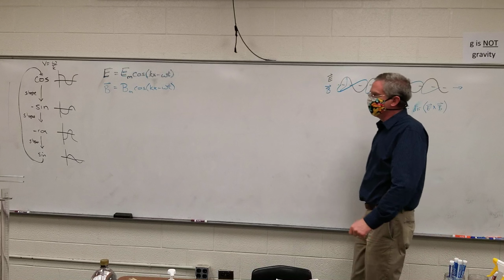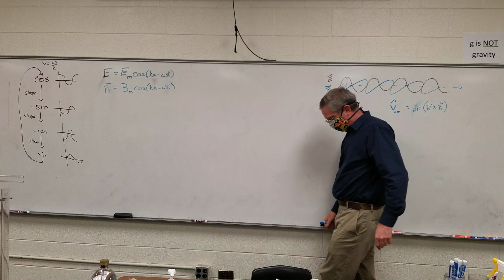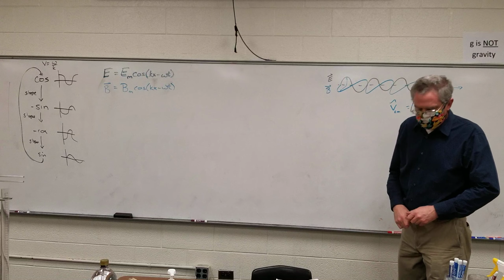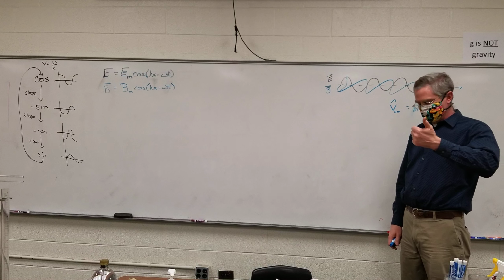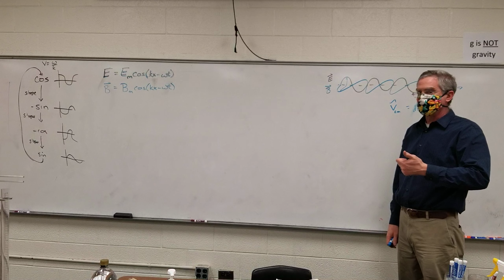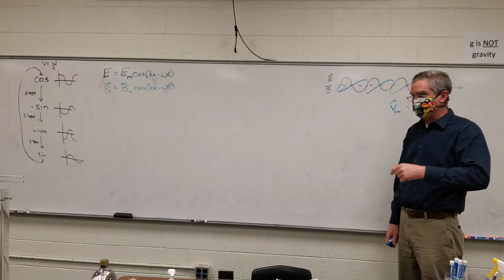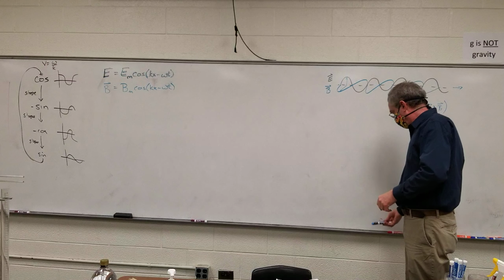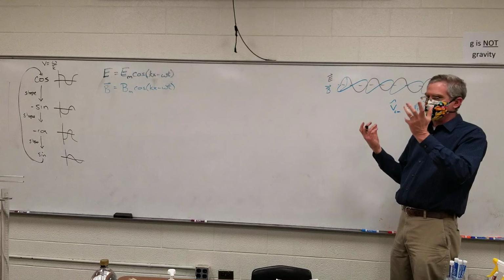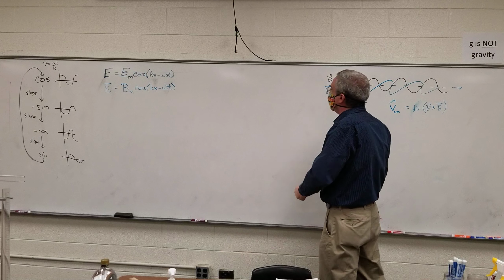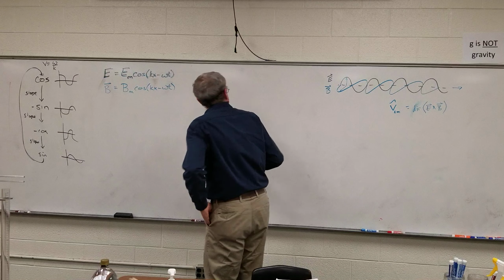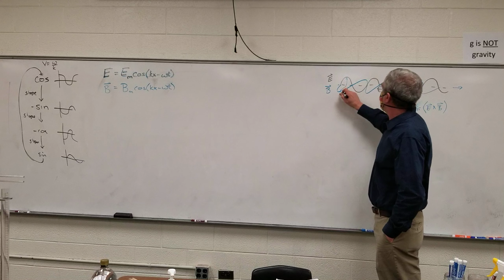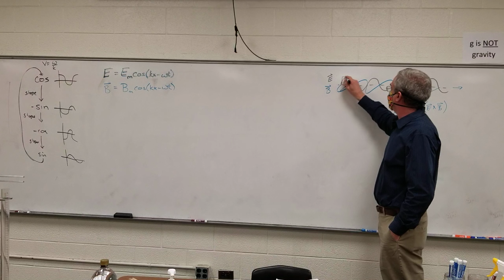And so now, let's apply Ampere-Maxwell's equation first, and then we're gonna apply Faraday-Lenz's law, and magical things will happen. So what I'm gonna do is I'm going to take a small little section right here of my electric field.